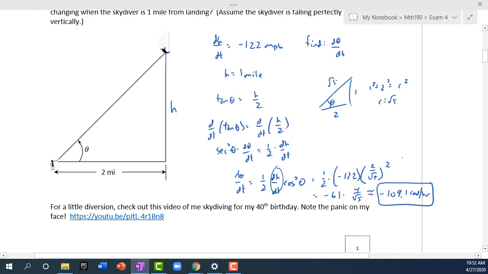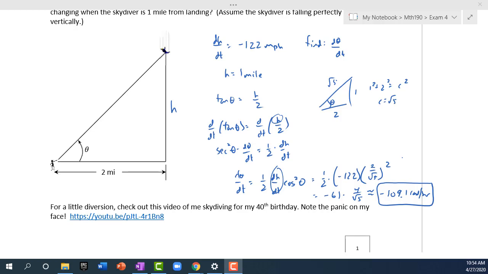The 122 was miles per hour, and then it's a little confusing. The h here, when we took a derivative, dh/dt, the h over 2, those were actually unitless, and it's a little confusing, but we lost the miles in the conversion, and there's no degrees here, it's just radians.